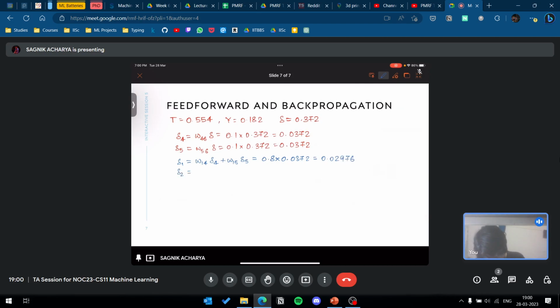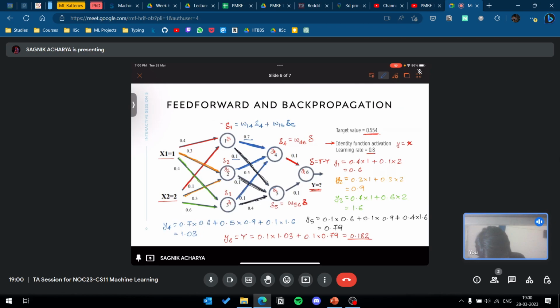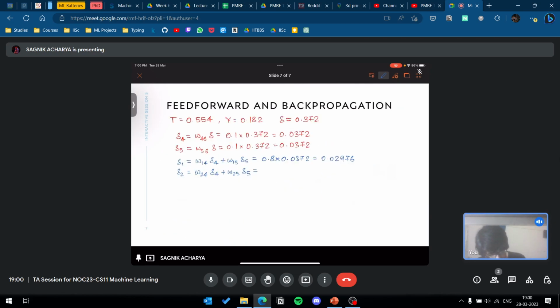Similarly, delta 2 is equal to W24 delta 4 plus W25 delta 5, right? Again I'll just add the weights. The weights here are 0.5 and 0.1, right? So it is 0.6 times 0.0372.